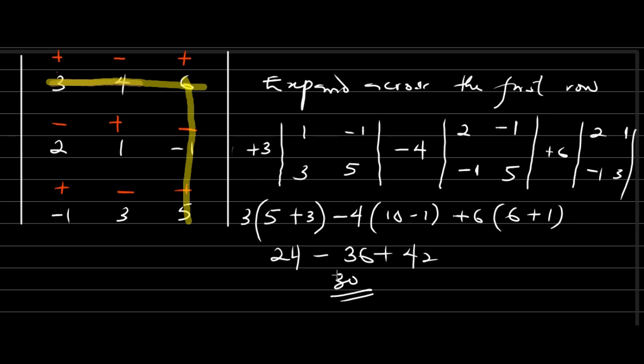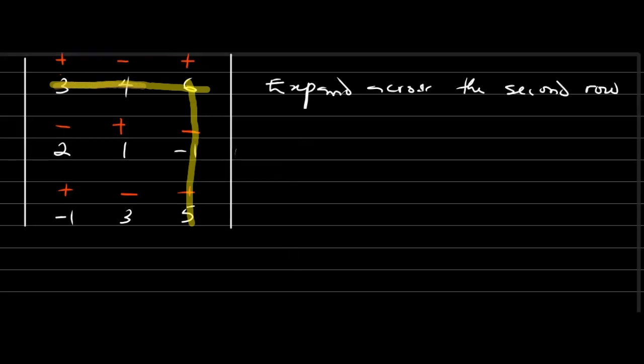So let us expand across the second row and see if we are going to arrive at 30. All right, so let's expand across the second row. And to do that, we are considering elements 2, 1, and negative 1. So the first element of the second row is 2 and is carrying negative, so that is negative 2.